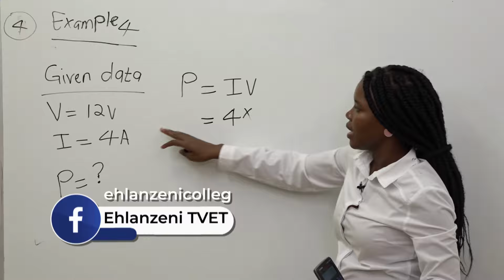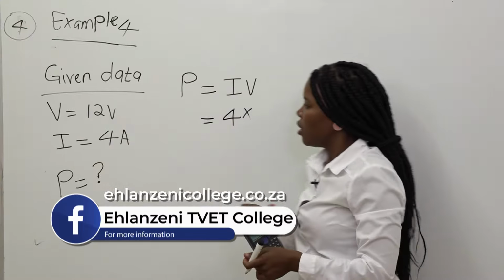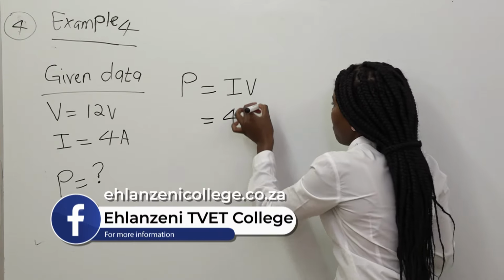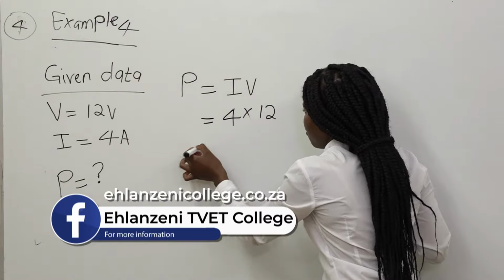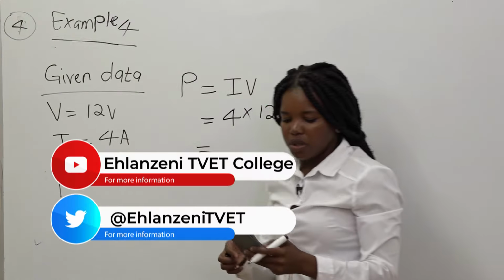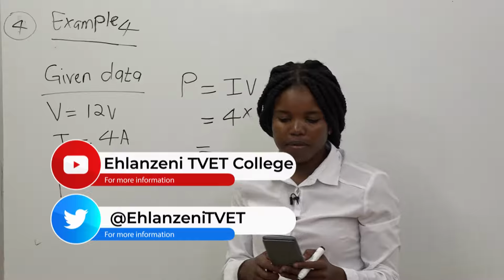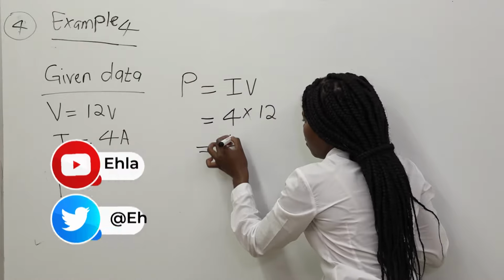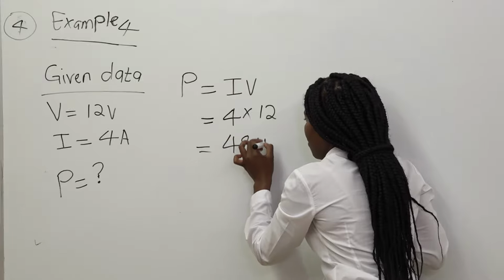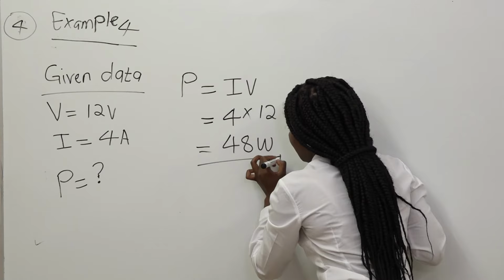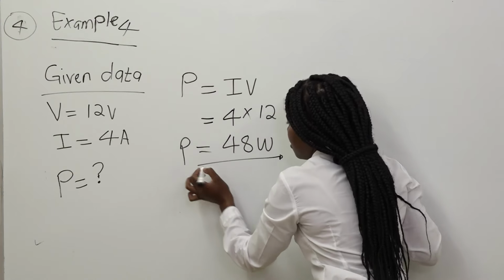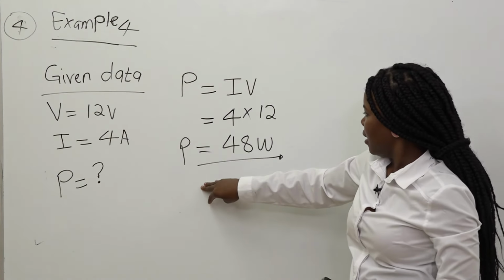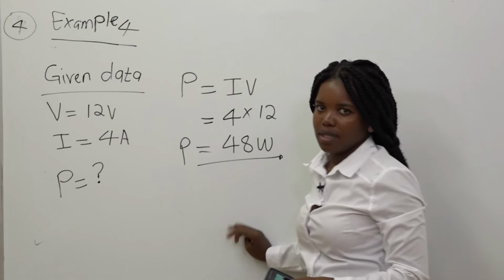And since we're given the voltage, we substitute V by 12. Therefore, 4 times 12 gives 48 watts. Remember, power is measured in watts. So power is 48 watts.